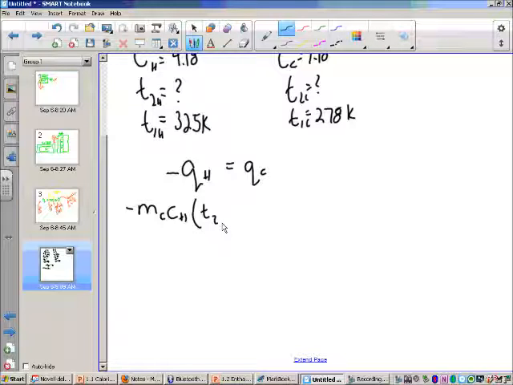What's going to be true about both T2s? After we've done mixing them, and the hot one is cooled down, and the cool one is warmed up, what's going to be true about both of the T2s? Yep, they're going to be the same temperature. So I don't really need to say T2 hot and T2 cold because the T2s are equal.